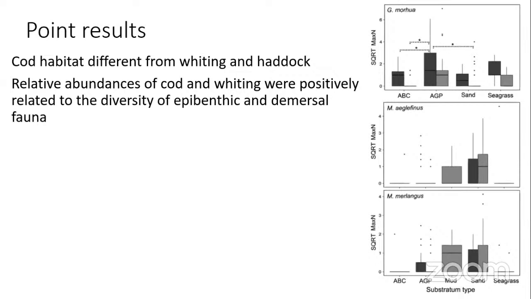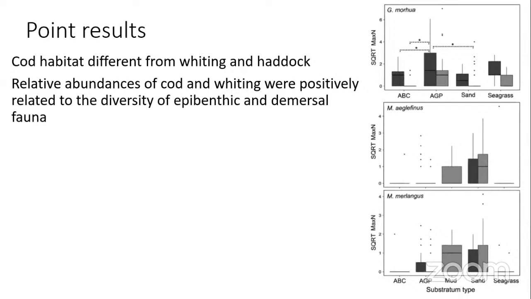Interestingly, in the year when there were lots of cod, when the AGP bar is highest, you see cod across quite a wide range of substrata. In the grey bars, when cod numbers were much lower, they're much more concentrated around the gravel, which makes me think they would much prefer to be in the gravel, but when they're in higher abundance, they spill out over everything else. But in general, quite a clear difference between cod and the other two species.